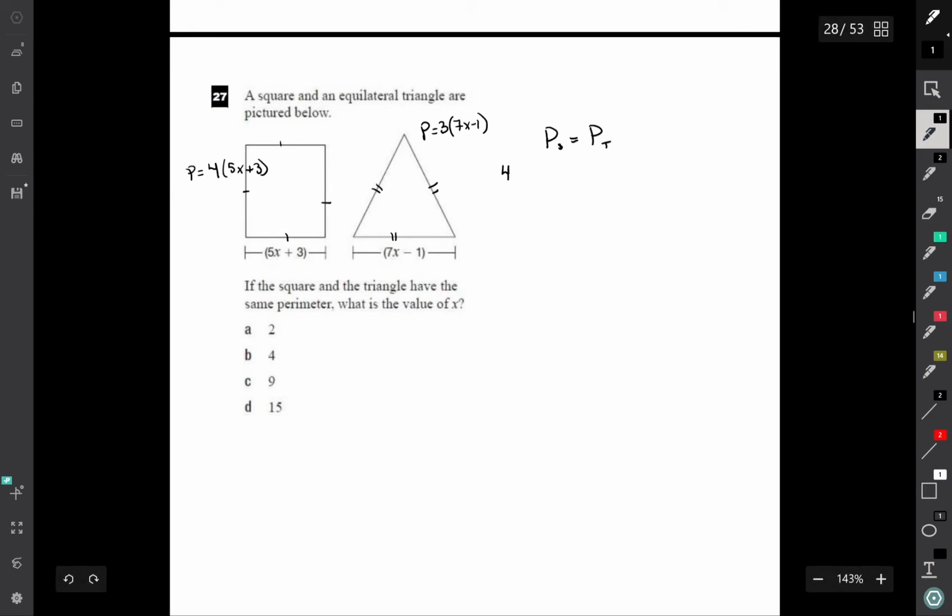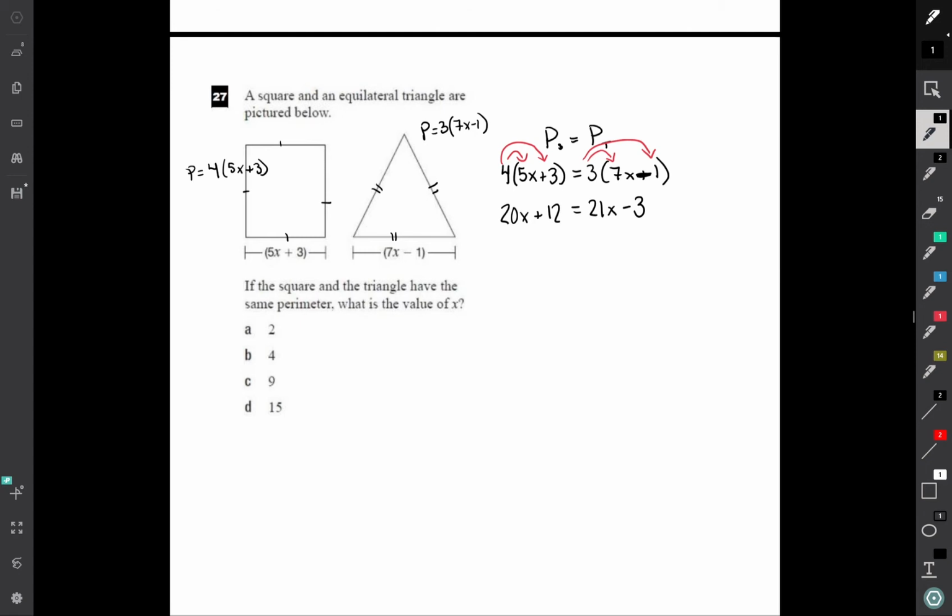So 4 times 5x plus 3 is equal to 3 times 7x minus 1. So again, I have to distribute, I have to do my multiplying. And then I have 20x plus 12 is equal to 21x minus 3.